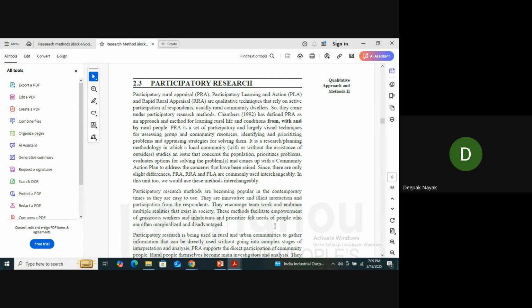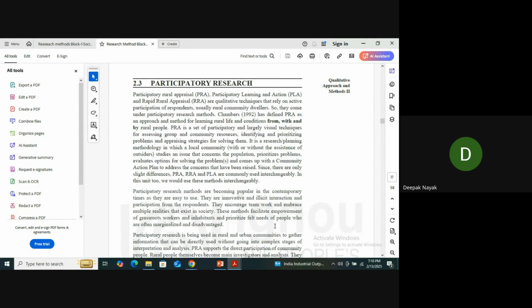That can be participatory learning action research, or rapid rural appraisal, that is RRA, and participatory rural appraisal, that is PRA.